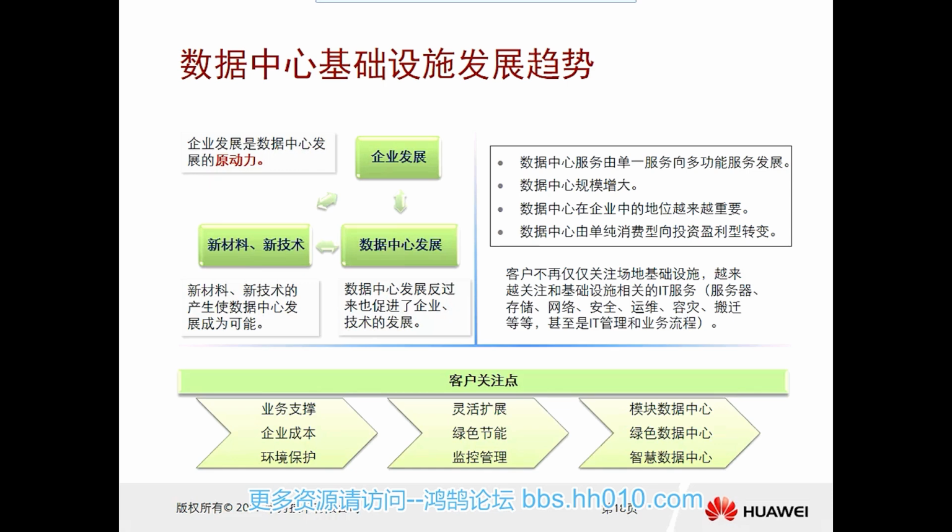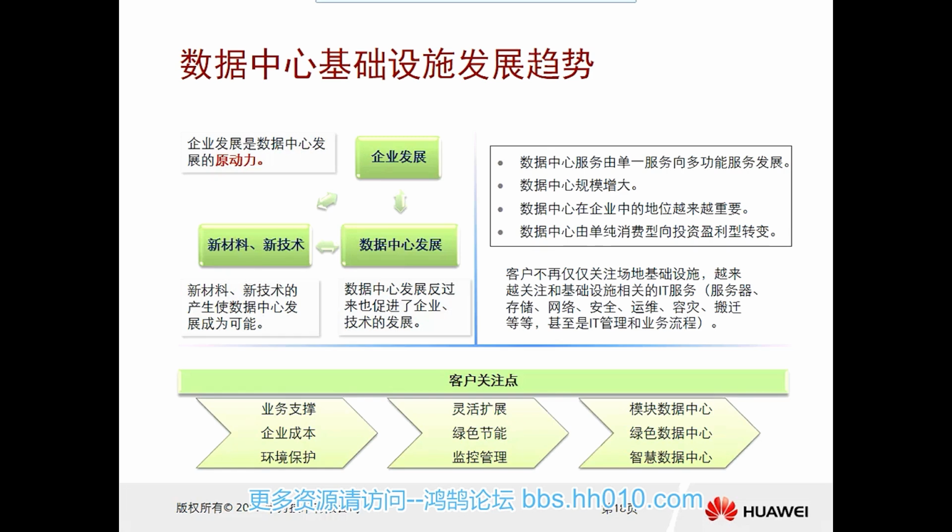In the past, it was mainly centered around production, providing support for the production of enterprises. Now the service features will increase. It not only supports the production of enterprises, but also the management, training and daily activities of the enterprise. All need to provide support. So it develops from a single service to multifunctional services.